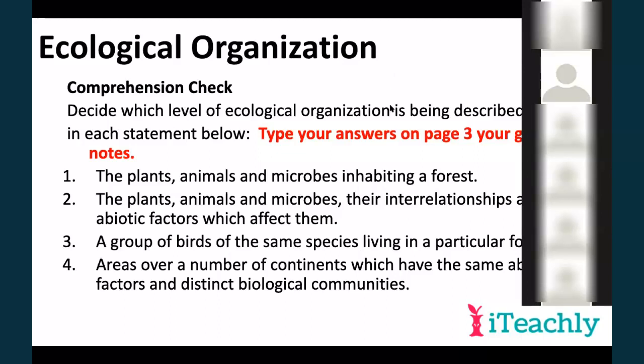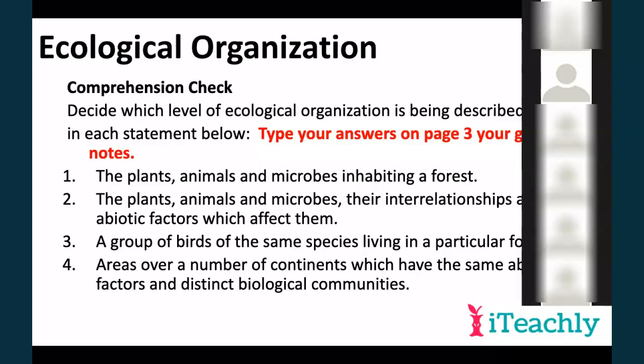What do you think, Ariana? If they are of the same species, there's a group of them in one area, what will we call them? I'm not sure. Okay. So if it's any one type of species, we have a population.